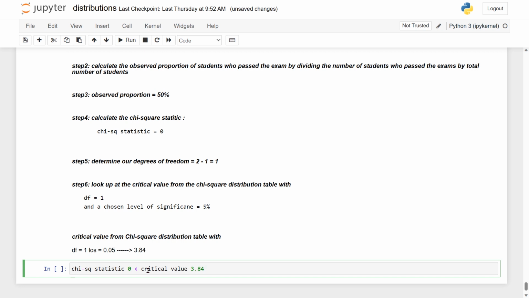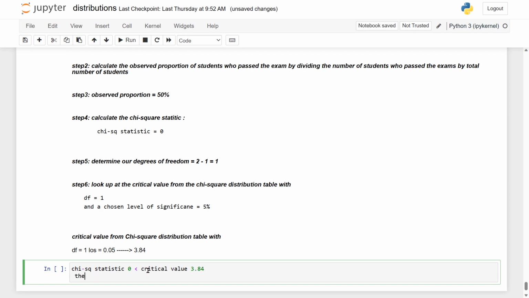So what I have to say is we cannot reject the null hypothesis and conclude that there is no significant difference between the observed and expected proportions of students who passed the exam.